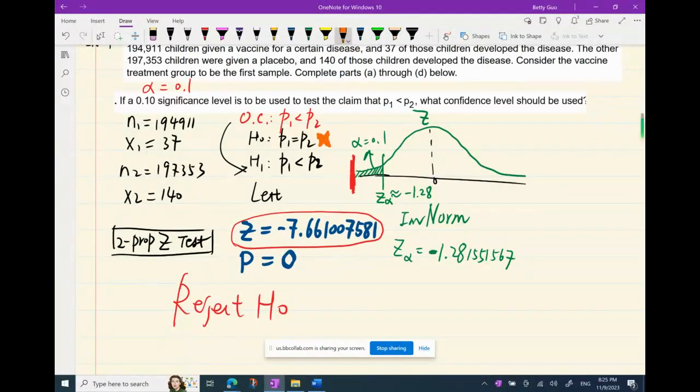The original claim says the vaccine works. All right, is that clear? So this is a very complete process about testing a claim regarding two proportions.